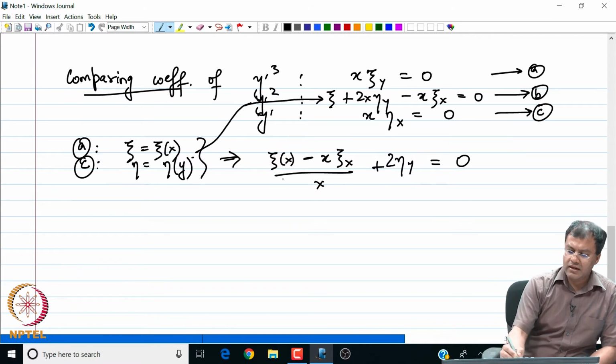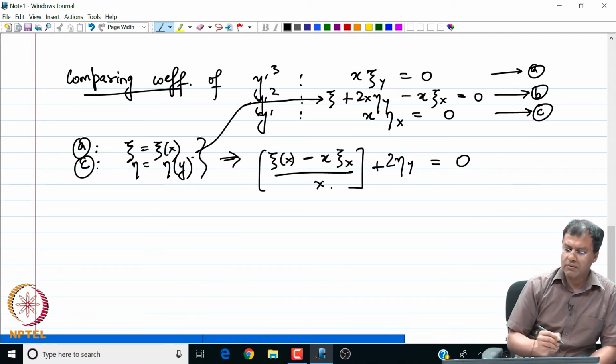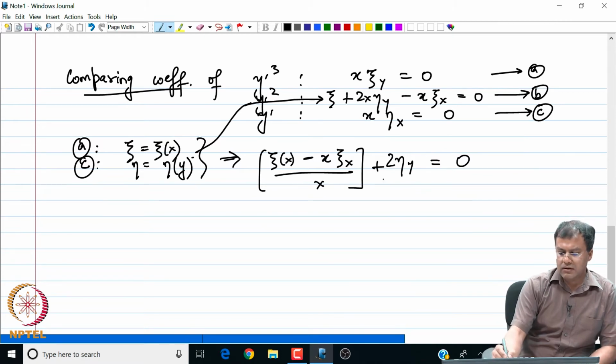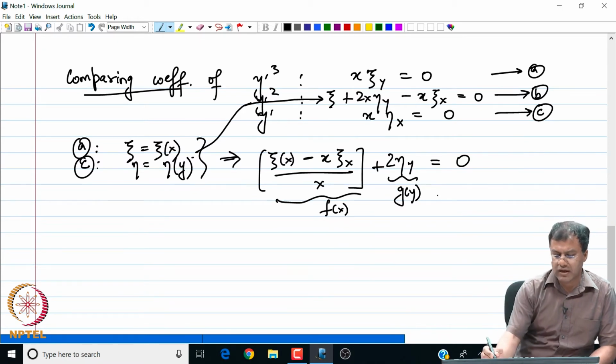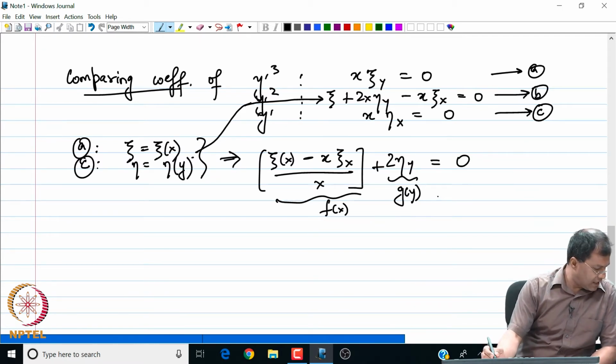Now this bracketed quantity can be equated to the negative of 2 eta y, since the bracketed quantity is purely a function of x and the other is purely a function of y, and they are negative of each other, provided both of them are constants, right.